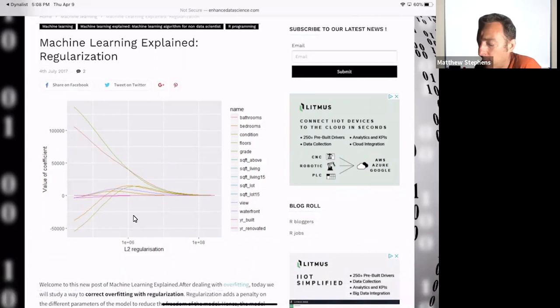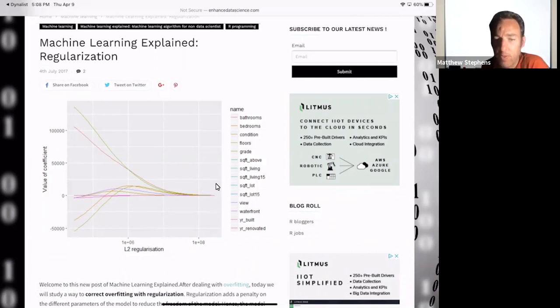What you're seeing here is, at this extreme, L2 regularization with a very strong penalty, where all the coefficients get set to 0. Sorry, the y-axis is the value of the coefficient for each of these predictors.